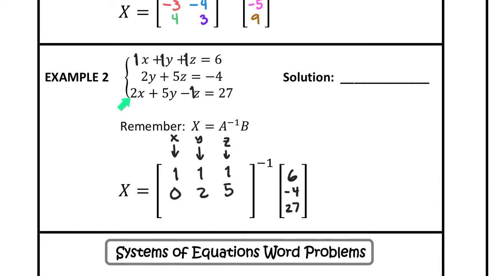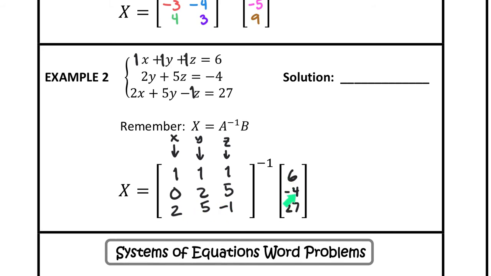So I have 2x, 5y, minus 1. So 2, 5, -1. Right, so this is my A matrix, all the numbers in front of the x's and the y's. So I have 1, 1, 1, 1x, 1y, 1z. Second equation, 0x, 2y, 5z. Third equation, 2x plus positive 5y minus 1z.